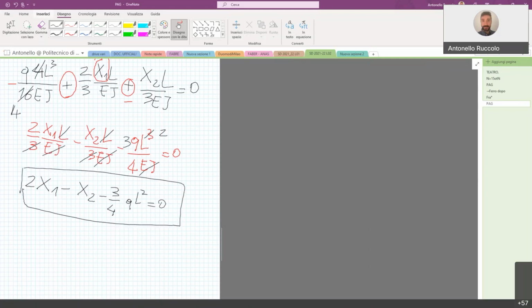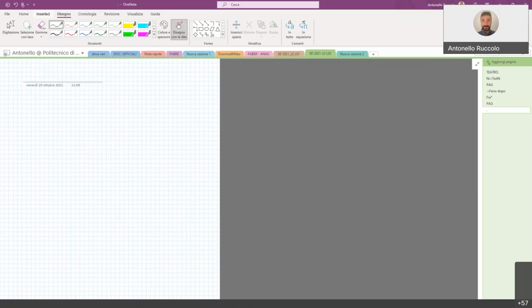Now, let's see the second compatibility equation. Delta phi C is equal to 0. So we have delta phi C0 plus delta phi C1 plus delta phi C2 equal to 0.